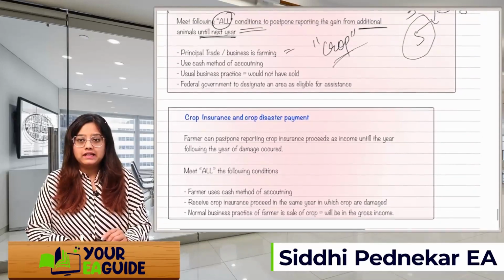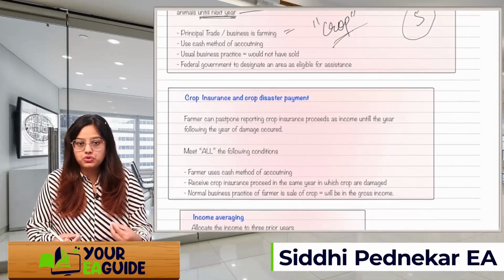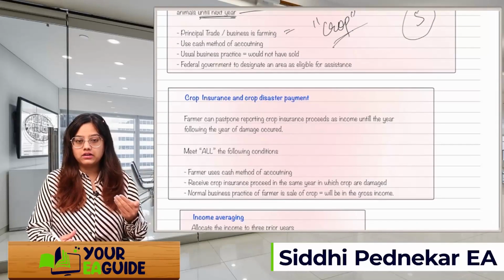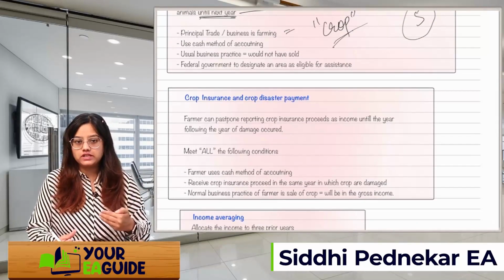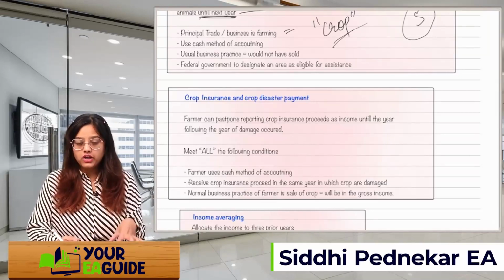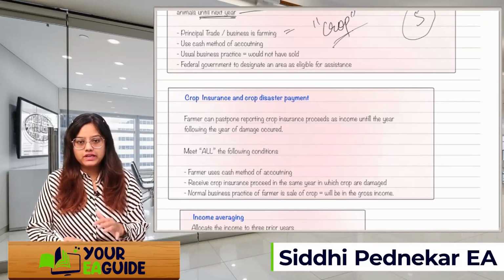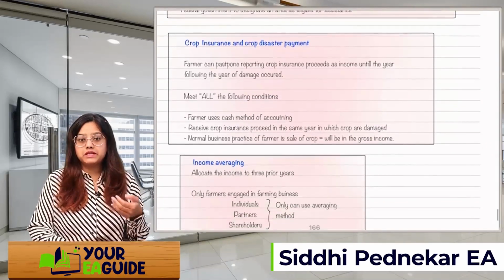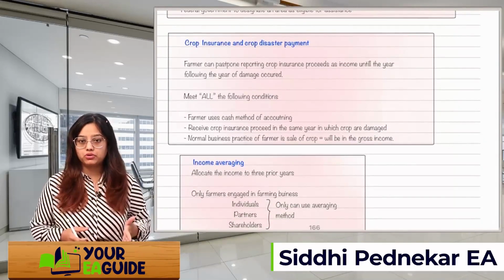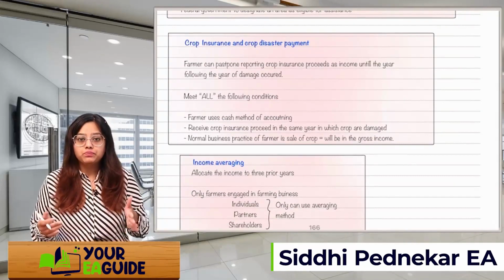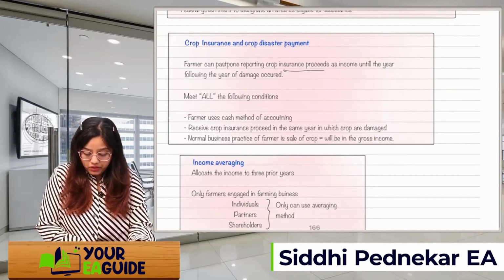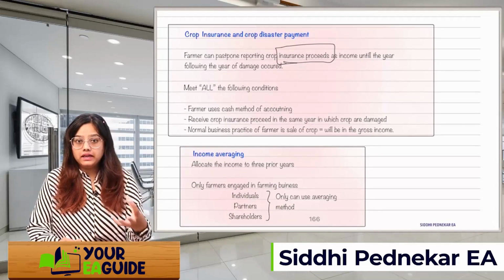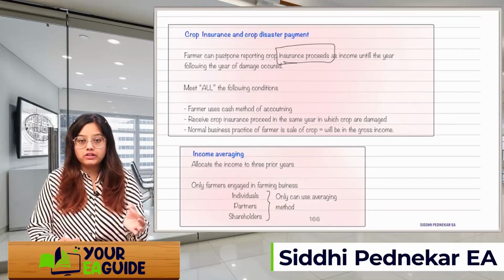If there is a loss of crops due to weather condition, and the farmers are receiving insurance proceeds from the insurance company, since they used to insure their crops, then they can report the insurance proceeds as income in the year following the year of damage.